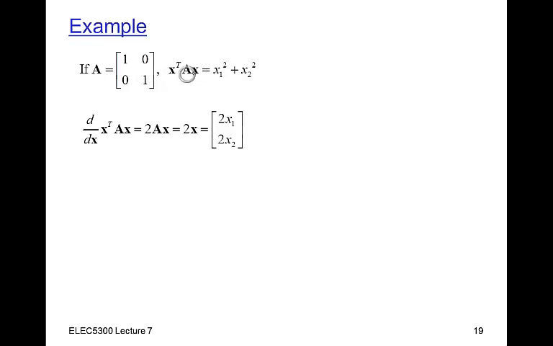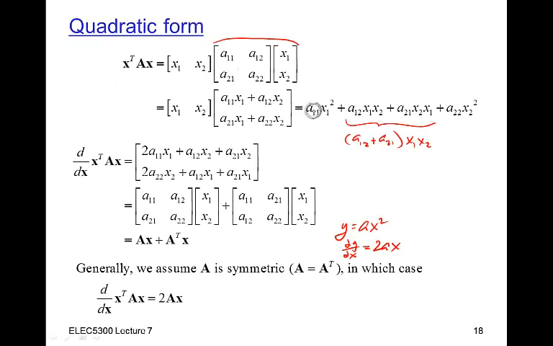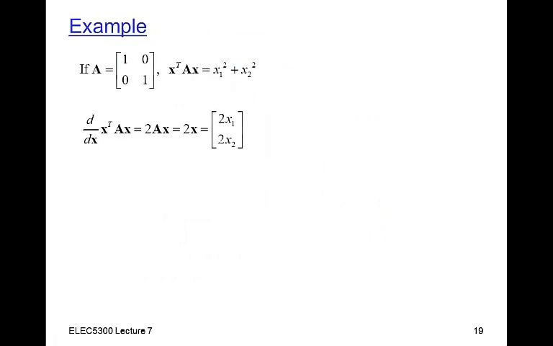And in that case, when I put this into here, then I just get x1 squared plus x2 squared. So if I look at this, only this term here is 1, and this term here is 1, and these two are 0. So I get this. And now the level sets of this, where this is a constant, are just circles.